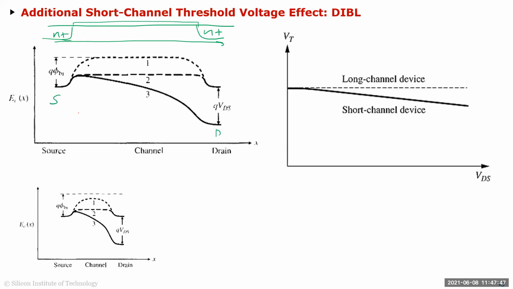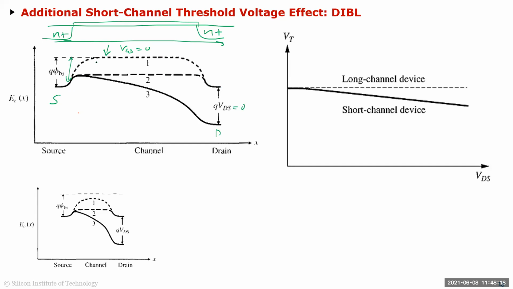The first dotted line you see here is when your VGS is equal to 0 volts, or flat band basically; you haven't switched on the channel yet. If you haven't applied any voltage, so VDS is equal to 0, this is how the dotted line looks. Essentially, this is the potential barrier. That's why you don't have any conduction from source to drain.